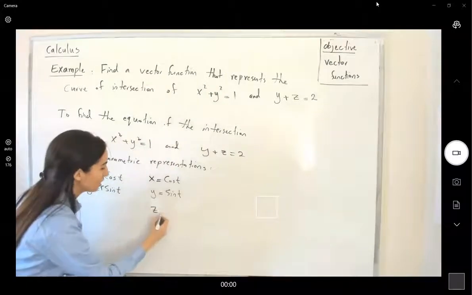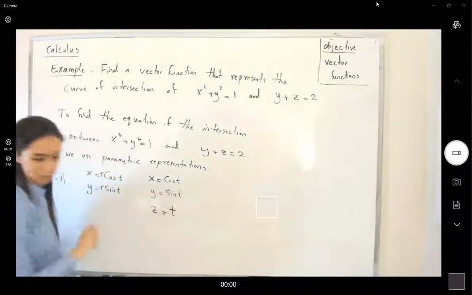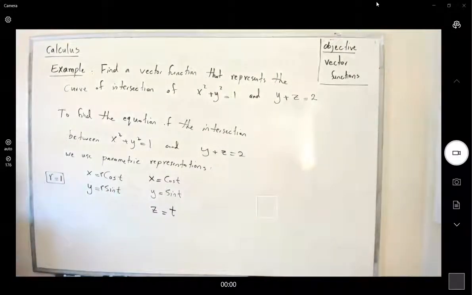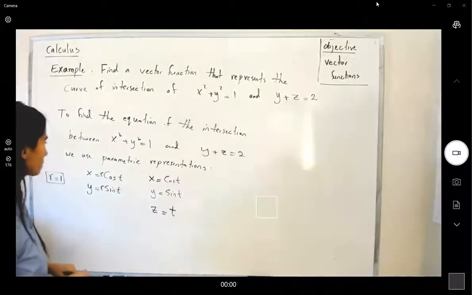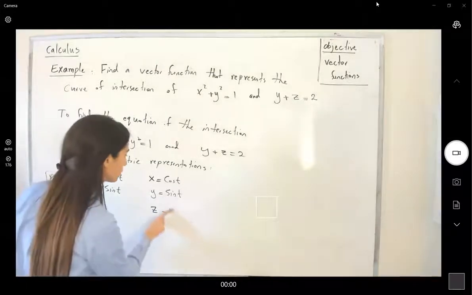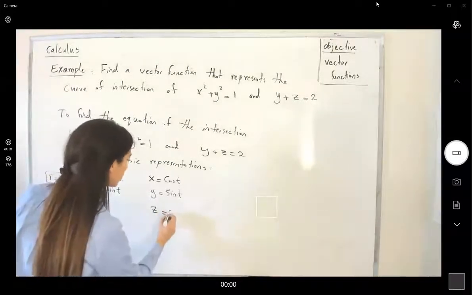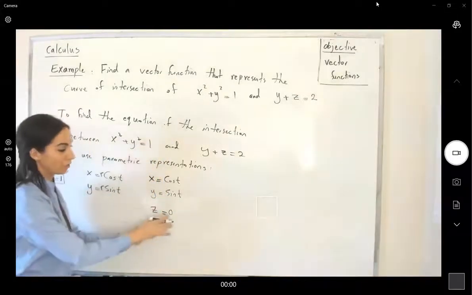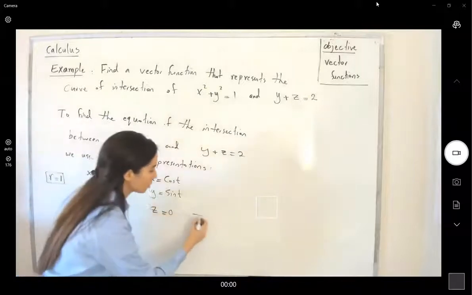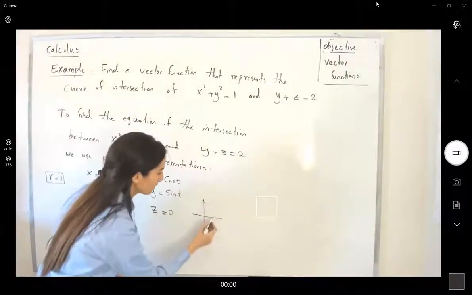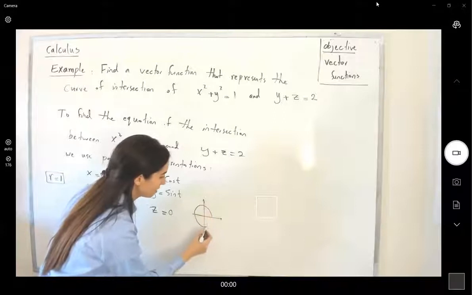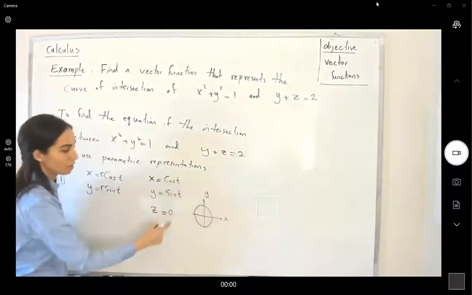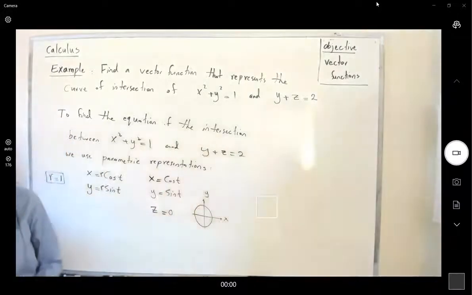So z is equal to t. Let's set z equal to 0 to make sure that you're working with this cylinder in the xy plane. So when z is equal to 0, we're just looking at this flattened cylinder in the xy plane. This is simple: cosine t, sine t, and z is equal to 0.